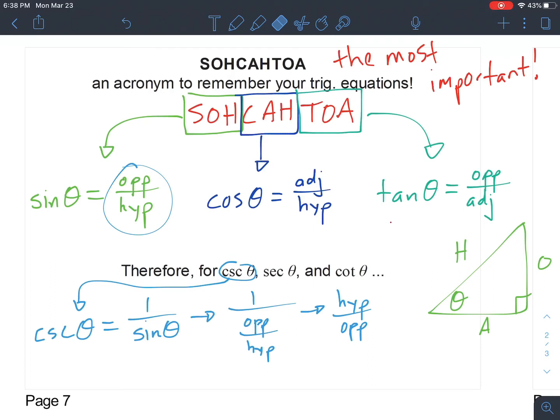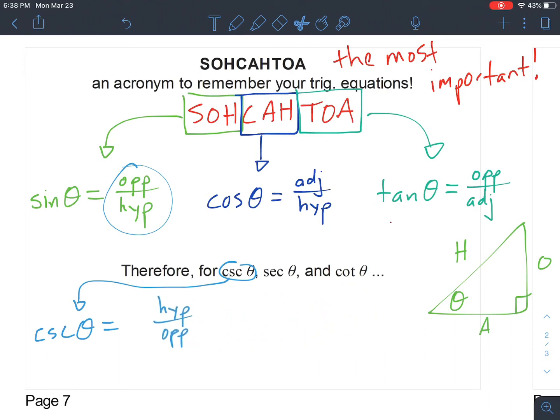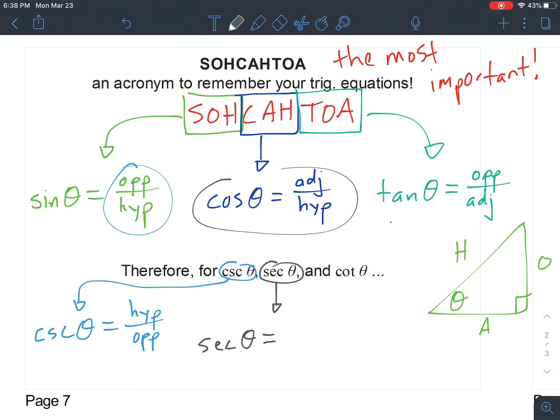So to give myself more space, I'm going to erase these, and then I'm just going to move that over. Hypotenuse over opposite for cosecant. Then the next one is going to be secant. So that is the reciprocal for cosine. That one is going to be hypotenuse over adjacent.